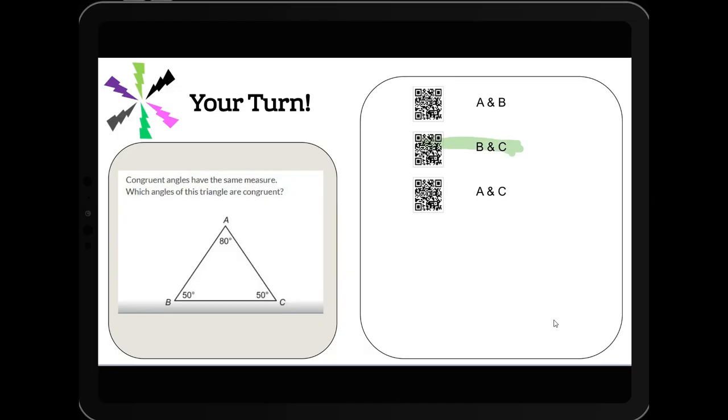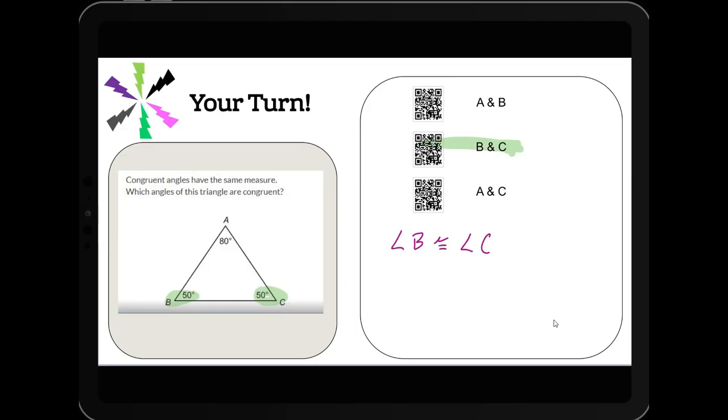Angles B and C are going to be congruent to each other, because they both have 50-degree angles and they're equal. And so as a result, we've identified which angles are congruent to each other.